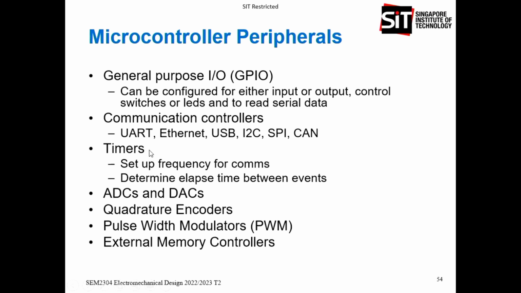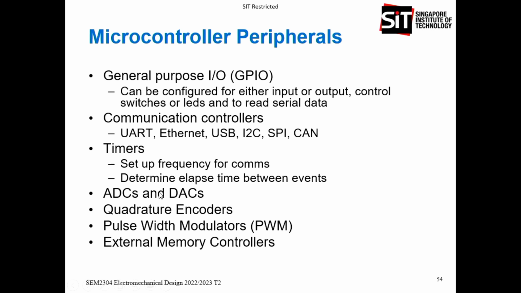Okay. Sometimes you need to measure events. Right? Let's say you activate a sensor, and then you need to read back when the sensor has completed certain data collection. So the timer can be used to count the interval that is required to collect your data.